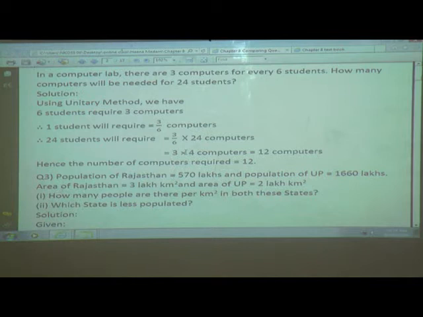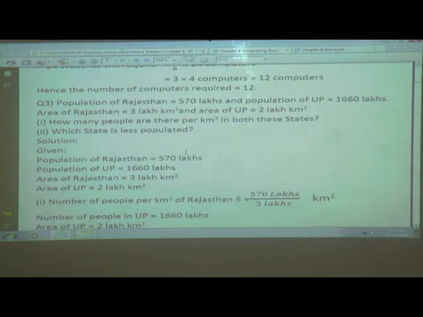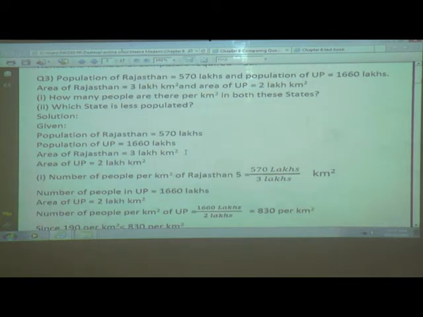One more example we will go through as a word problem, so it will be easier for you to write the steps. Here the population of Rajasthan is equal to 570 lakhs and the population of UP, that is Uttar Pradesh, is given as 1660 lakhs.